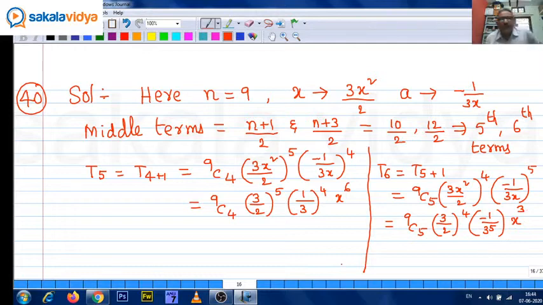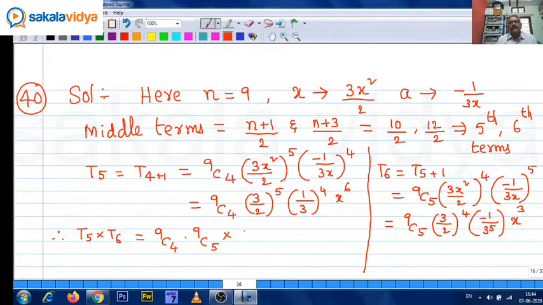So now we need to multiply these two. Therefore T5 into T6 is 9C4 into 9C5 (3/2)^5 into (3/2)^4.